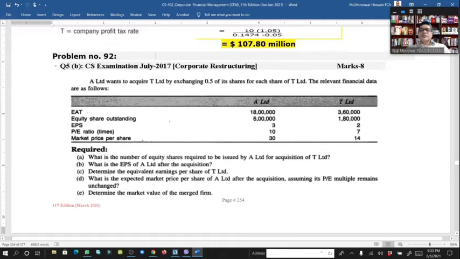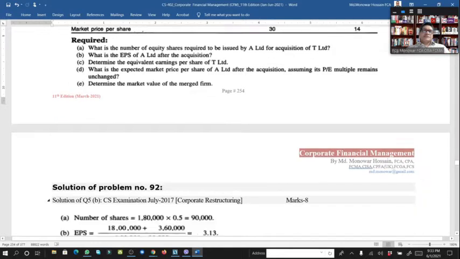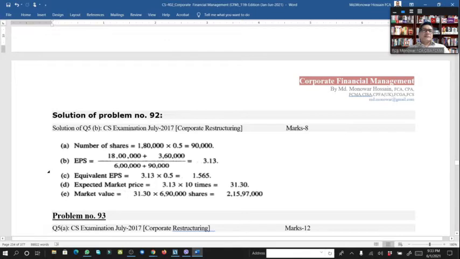So its 0.5 share have to issue. It means that T limited's 2 shares equal to A limited's 1 share. So here, what is the number of equity shares required to be issued by A limited? So look here, it's very simple, and that's why marks is 8.